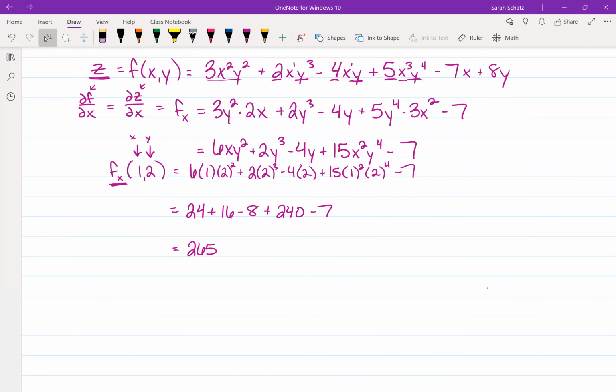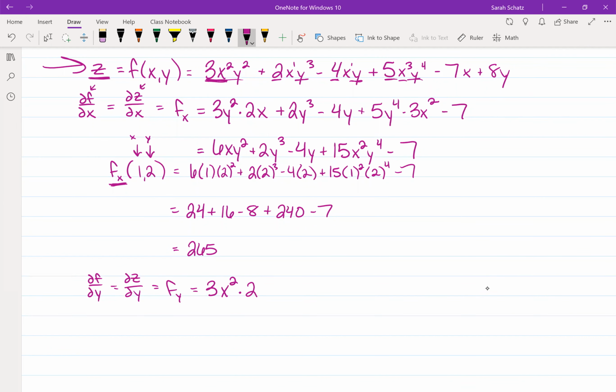You guys, I have fx. Let's find fy. So what different ways could it ask me for this? It could say df dy like this. It could say dz dy, meaning the same thing, just not in function notation. Or it could just say fy like this. Either way, remember you're going to your original function and this time taking it with respect to y. So with respect to y, the 3x squared is all coefficient.